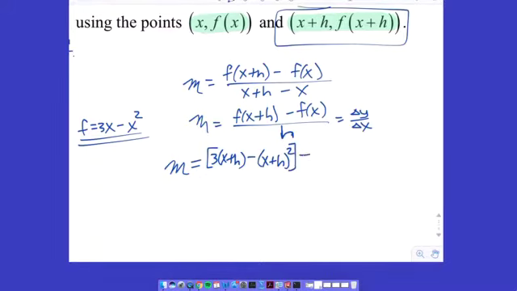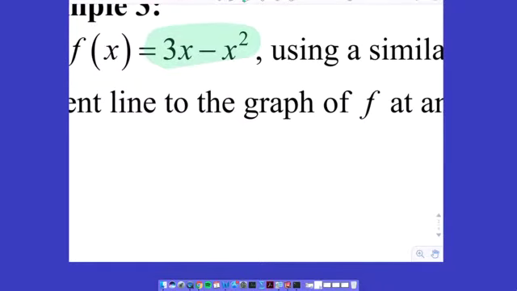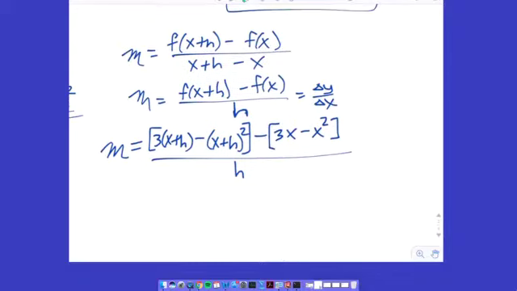There's f of x plus h minus f of x itself, which is 3x minus x squared, all over h. We're just using the same function: 3 times input minus input squared. Okay?